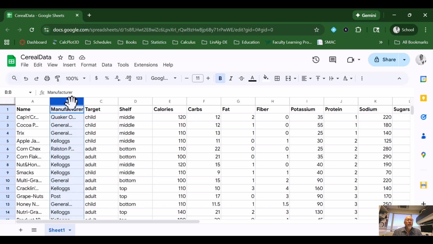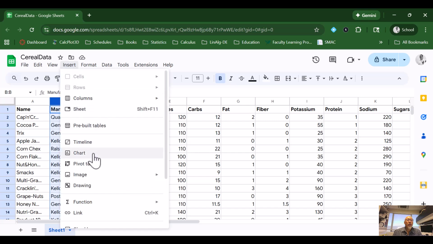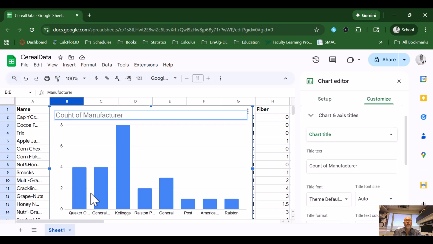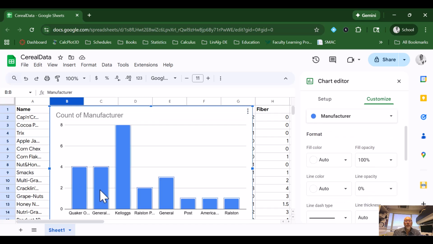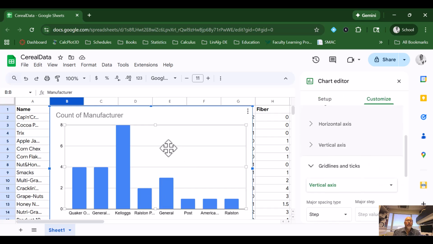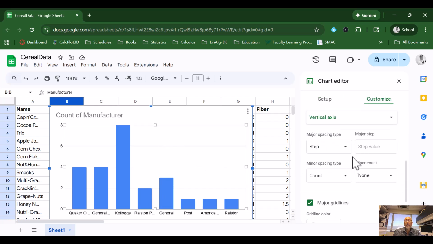And if you click on the column that has that information and go to Insert and Chart, sometimes it's going to ask you what kind of chart you want, but in this case it's pretty obvious the chart that you want, and the chart that you want would be a count of manufacturers. So you can replace this with frequency or count, and then if you double click on this, you can change the colors or change the fill or anything like that, and then there are other ways to customize this.